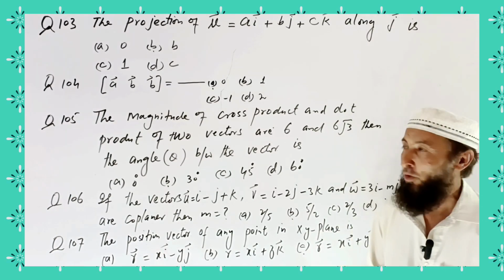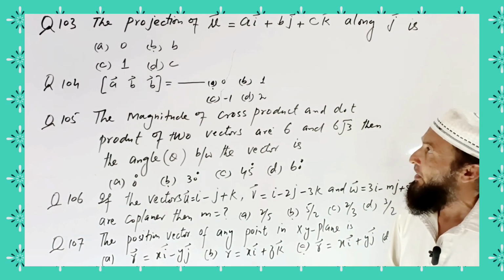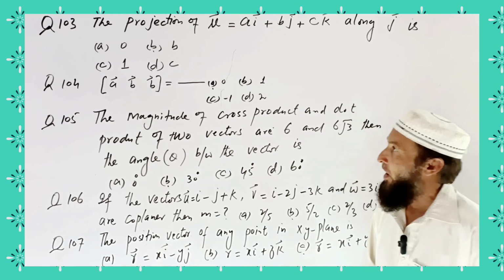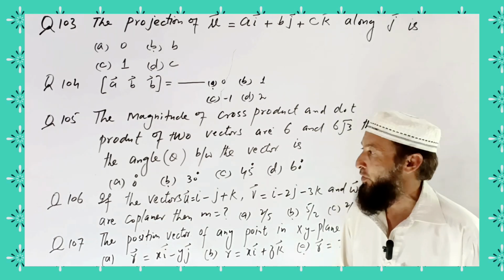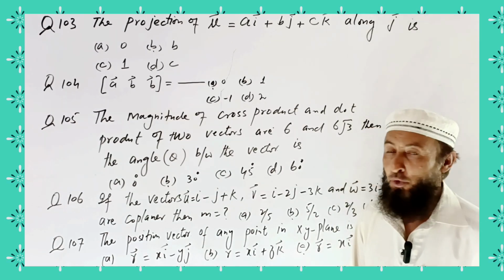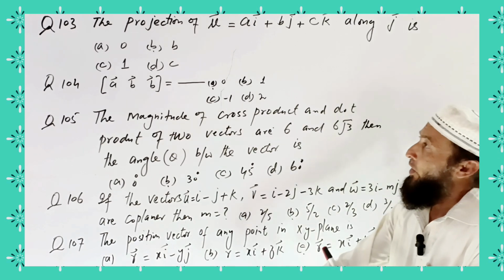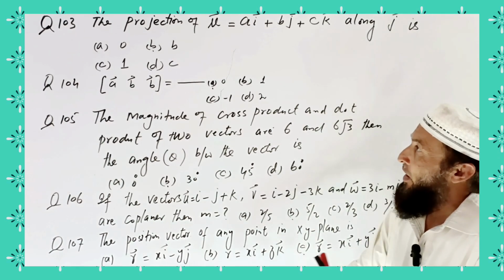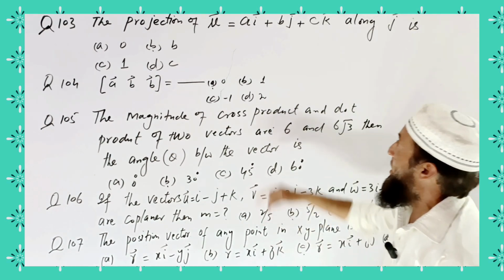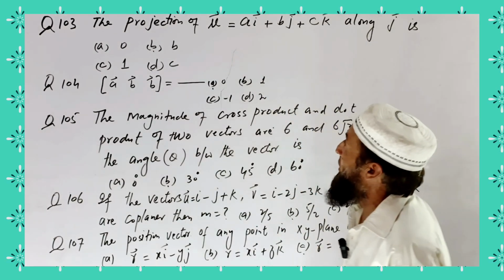Today we are going to proceed with the next exercise of MCQs on the vectors we have done in the previous video. Question number 102. Now today we are going to learn question number 103: the projection of U along J is given.